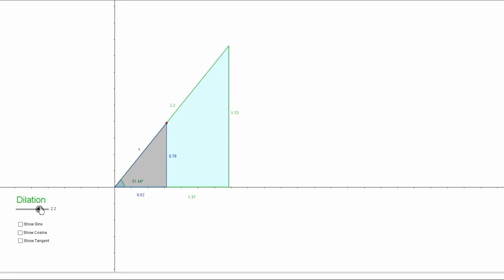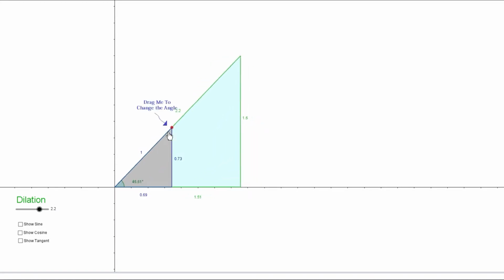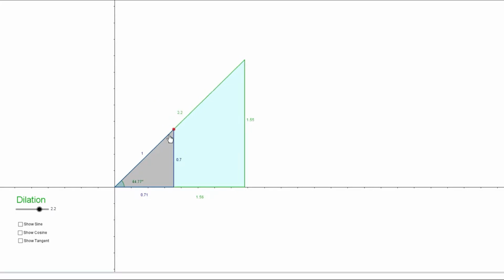And we have the sides, and we also have an angle here. In fact, we can even change this angle. Let's keep this angle something like 45.11 degrees. It doesn't matter, you can set it at any different angle.